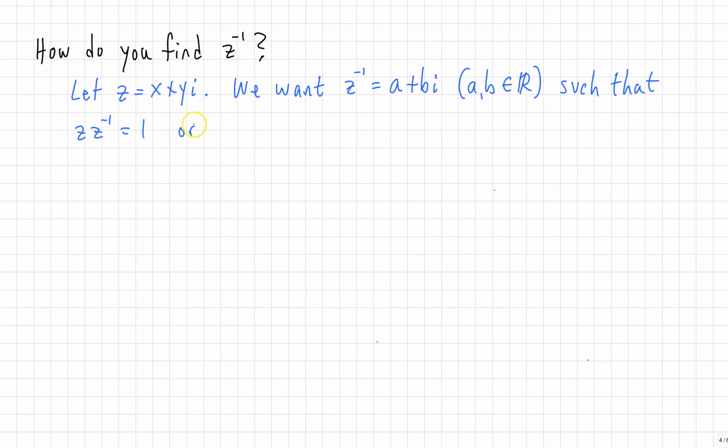Or another way to think about it is, I want x plus yi times a plus bi to come out to be positive 1, which would be 1 plus 0i.